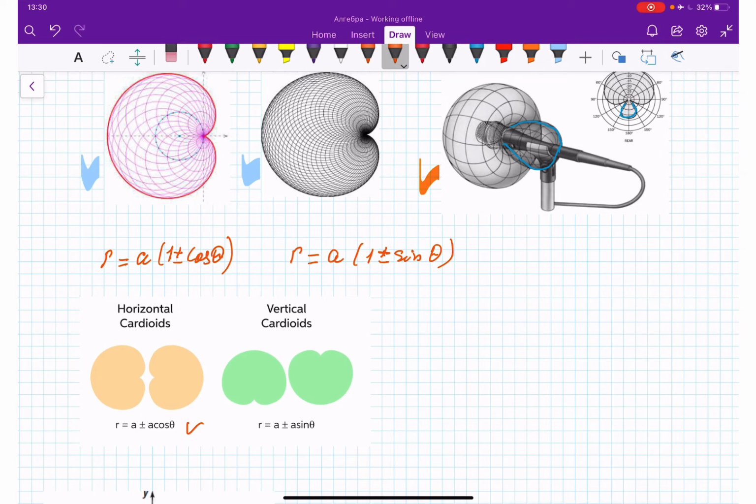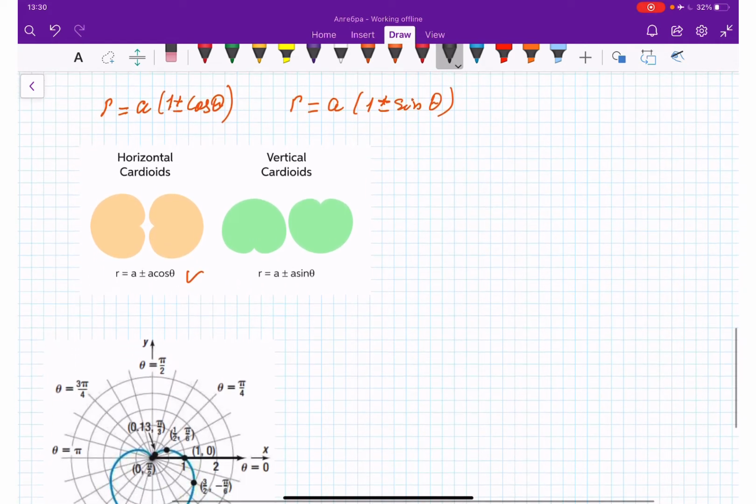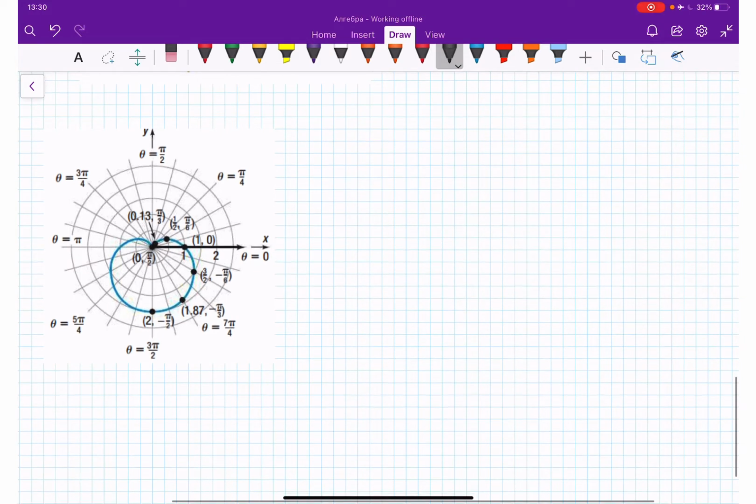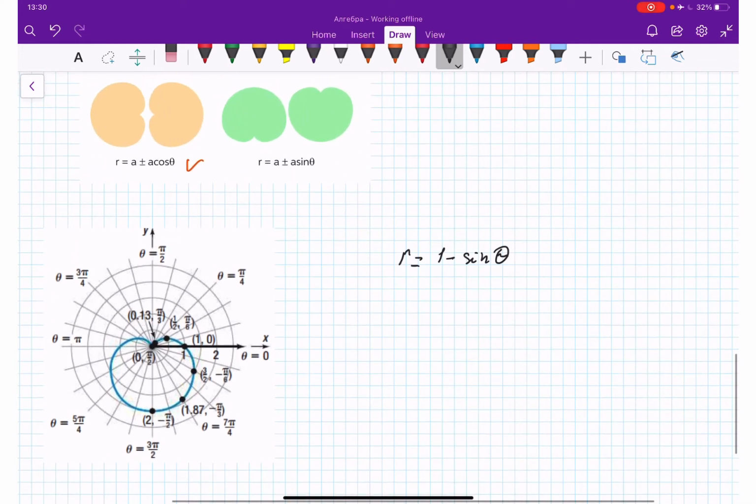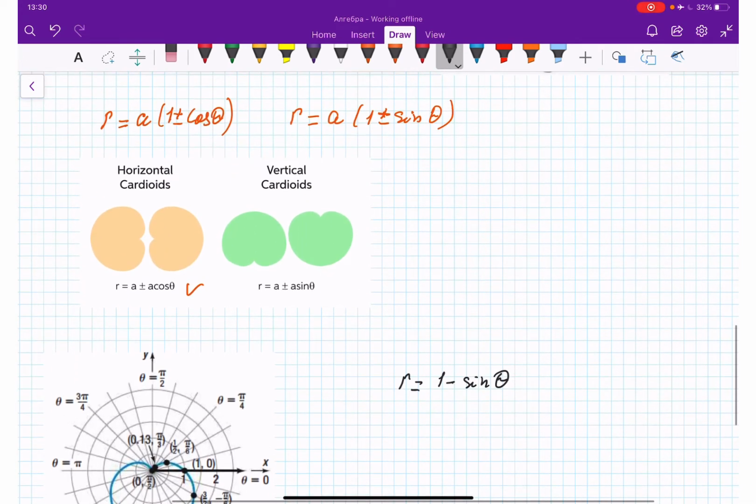So we are going to graph r equals 1 minus sine theta. Which means a is going to be 1, based on the general form of the equation.